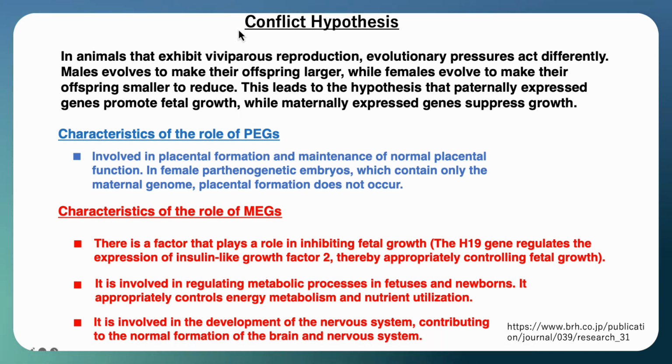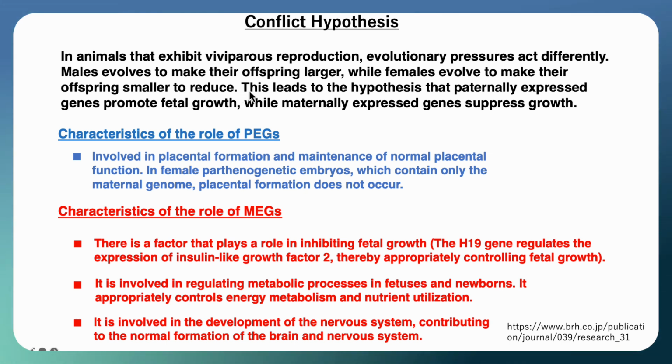Role of genomic imprinting, conflict hypothesis. Currently, there is no definitive explanation for the role of genomic imprinting. An early hypothesis is the conflict hypothesis. This hypothesis states that in animals that exhibit viviparous reproduction, evolutionary pressures act differently.